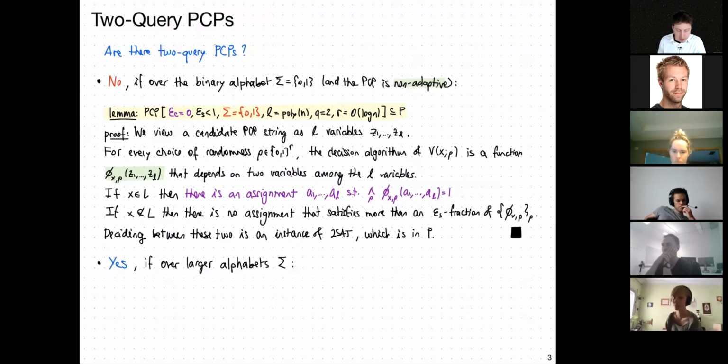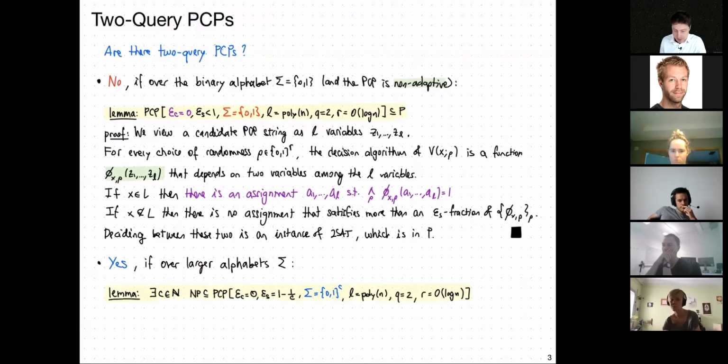On the flip side, if you allow larger alphabets, so non-binary alphabets, we can achieve 2 queries. For example, we can directly derive from the PCP theorem that every language in NP has a 2-query PCP over some large enough constant alphabet, maybe {0,1} to the 1 million, where each symbol is some constant number of bits, just not 1 bit.